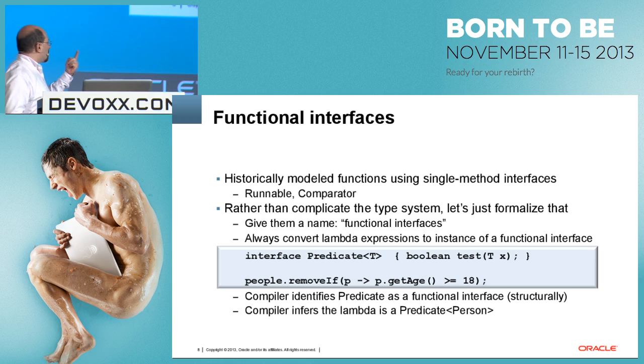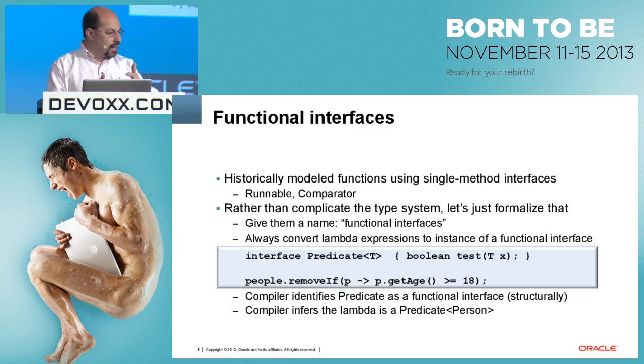Well, there's one argument, so we'll infer that as being a T, and we'll type check the body of it and say, oh, yep, that evaluates to Boolean, and we're good. So the compiler decides, yes, this lambda expression is compatible with the type Predicate of T, and it converts it to a Predicate of T. This all happens structurally. There's nothing Predicate has to say in order to be eligible for this treatment.